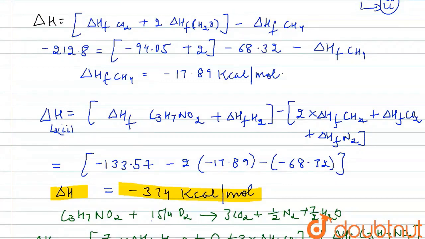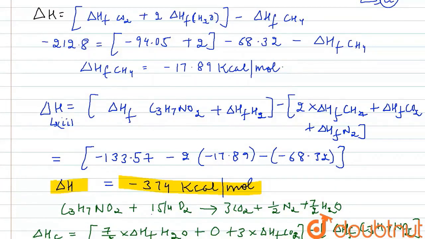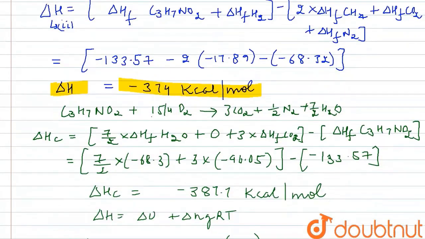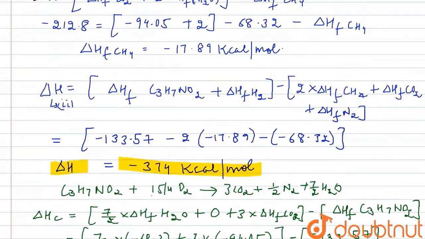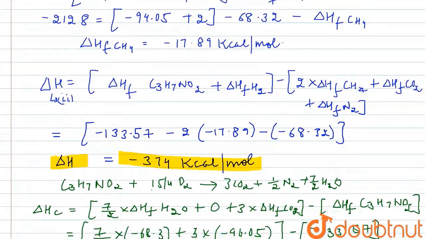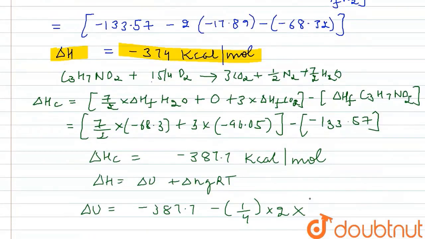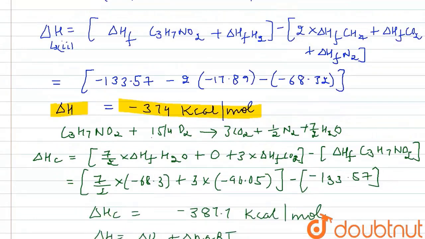What is the difference here? The value of delta n. Multiply the value here, we are getting minus 1 by 4 into 2 into 10 raised to the power minus 3, the gas constant we are using here, multiply by the temperature, 298 Kelvin, and solve this value.